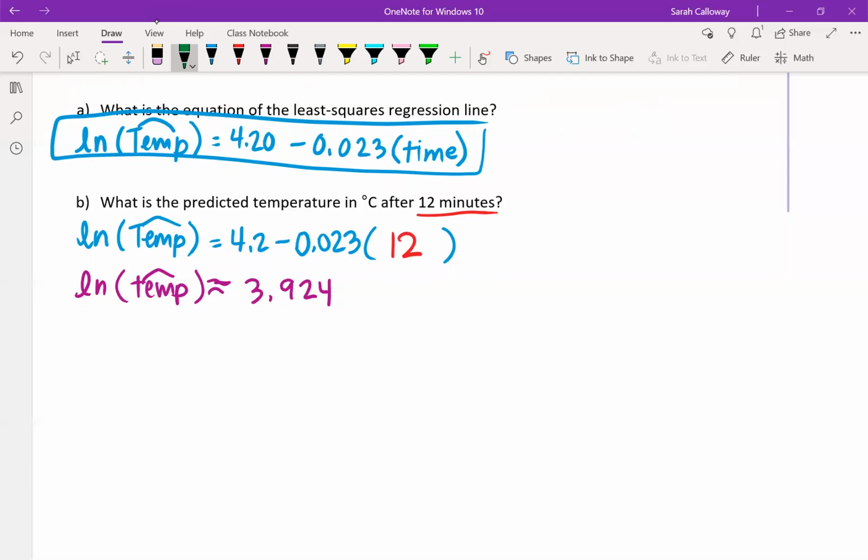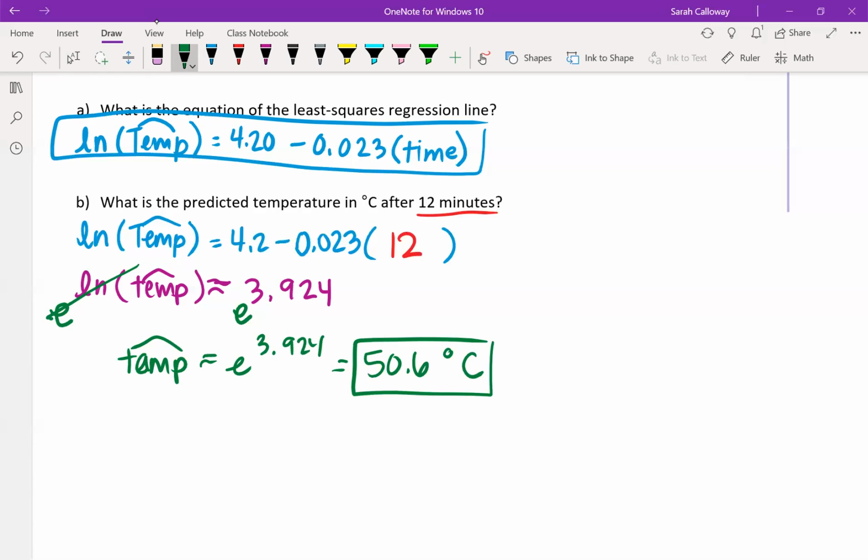So the natural log has a base of e, so I'm going to take and raise everything to a base of e. That cancels out the natural log, they're inverses. So that means that the temperature hat is equal to e to the 3.924, which is approximately 50.6, and then our units were degrees Celsius.